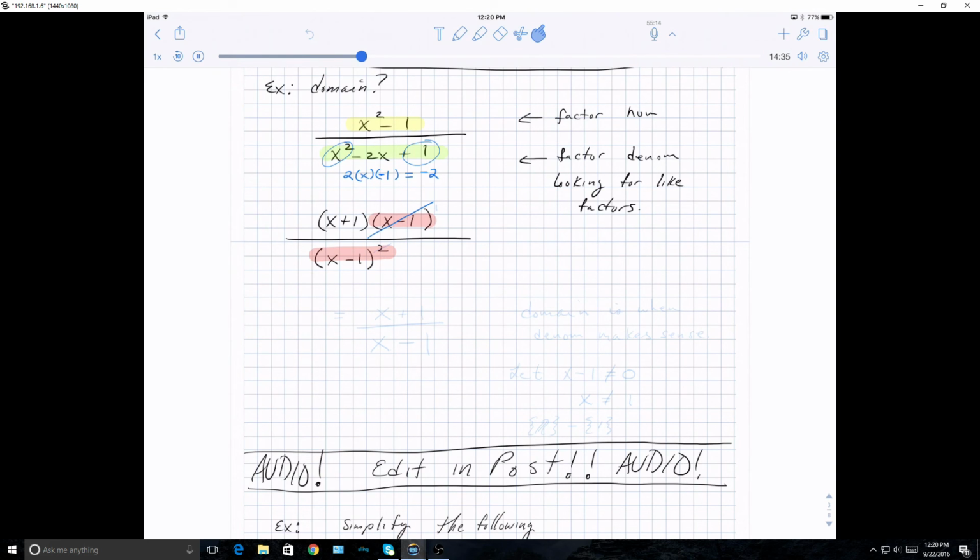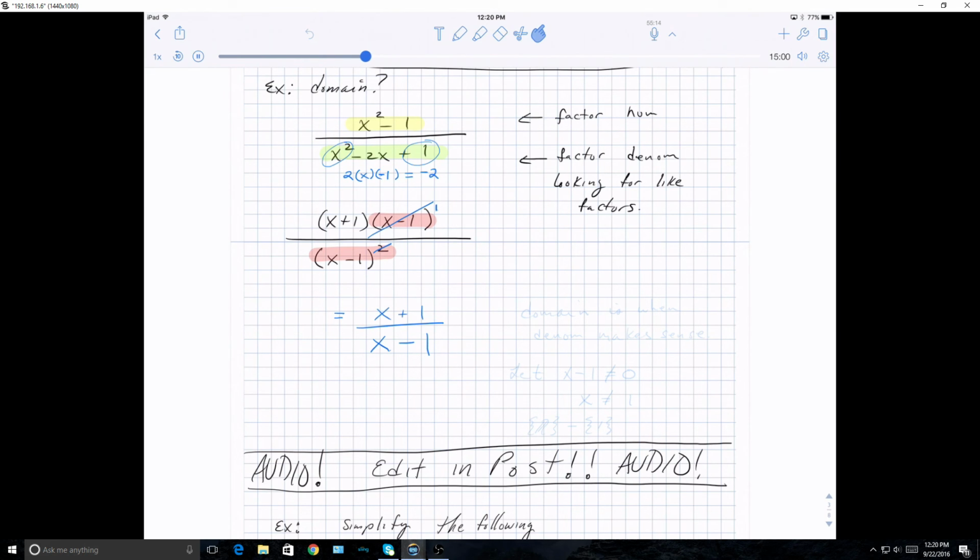So one of them is gone in the numerator, and just one of them is gone in the denominator because there's 2. So this all crunches down to x plus 1 all divided by x minus 1.